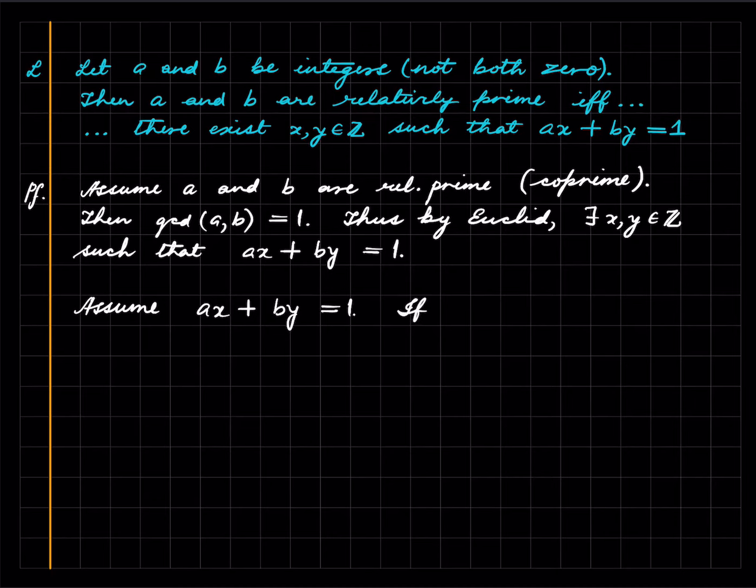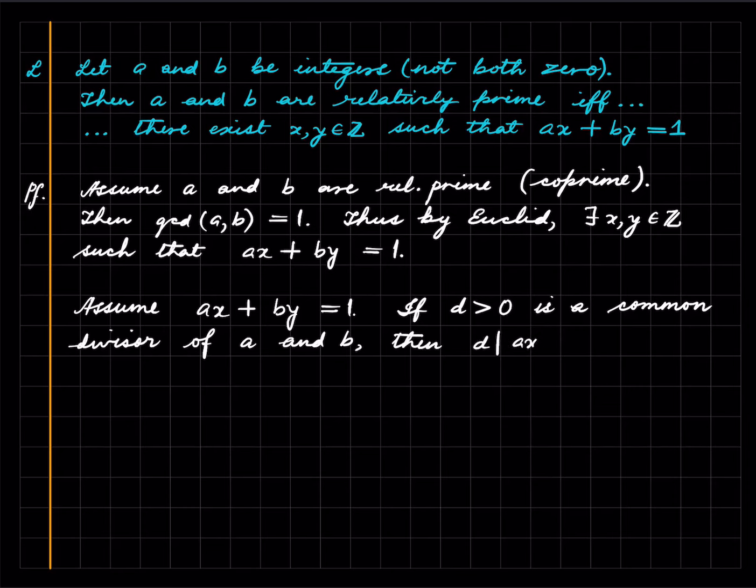If d is a positive common divisor, then d divides ax plus by, because if it divides a and b, then it divides ax plus by.